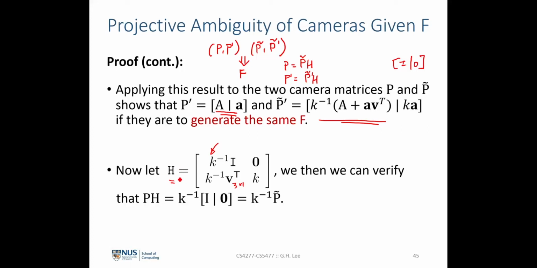And it's not difficult to see that when we take P multiplied by H, we will get this particular relation, which equals K inverse multiplied by P tilde. And this simply supports our claim earlier on.